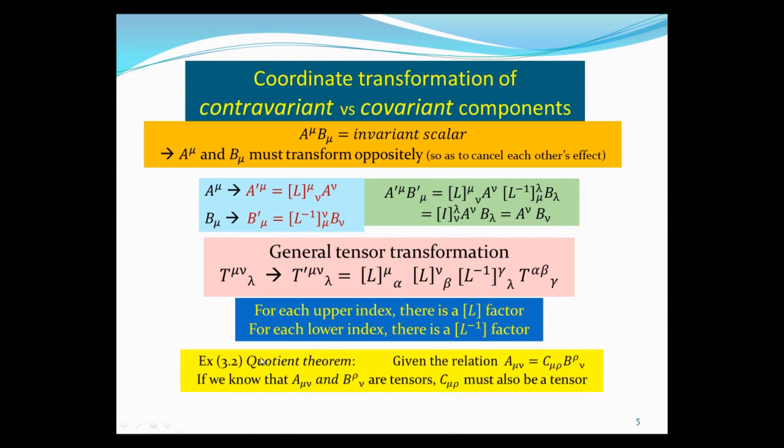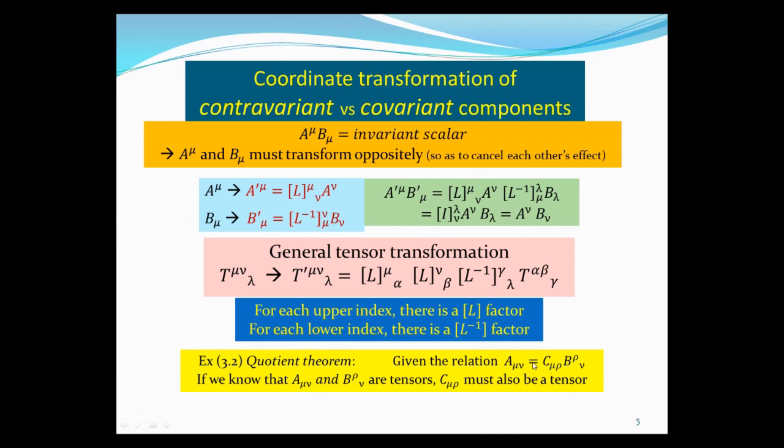In fact, you should know a very important result called the quotient theorem, which is assigned as an exercise, 3.2 in chapter 3. For example, if you're given a relation A mu nu equals C mu lambda rho B rho nu, where the rho indices are contracted, so both sides have the free indices mu and nu.